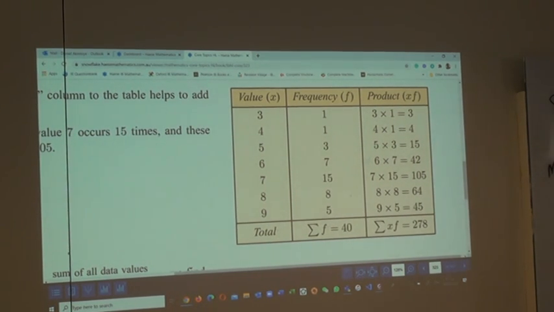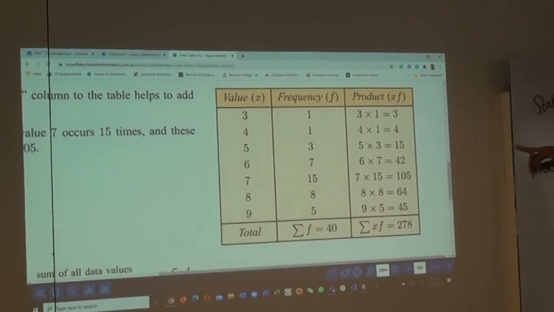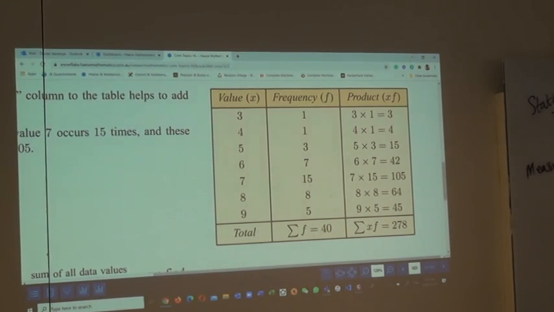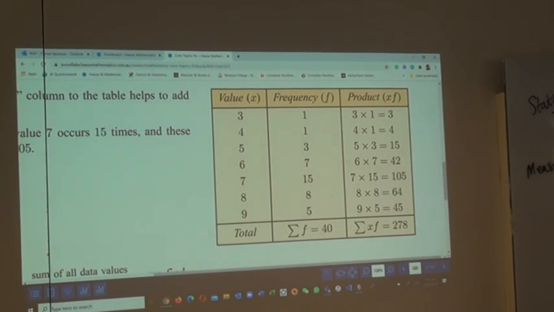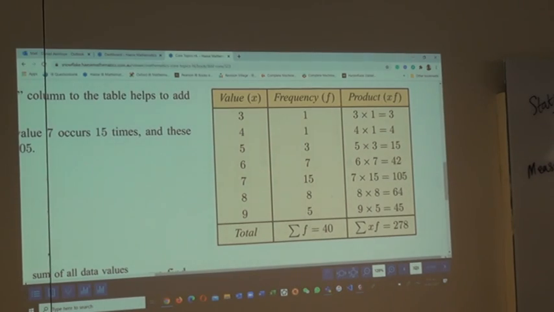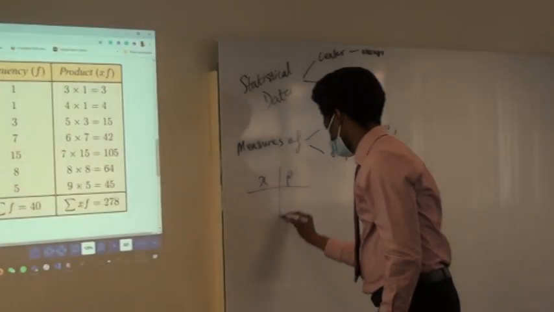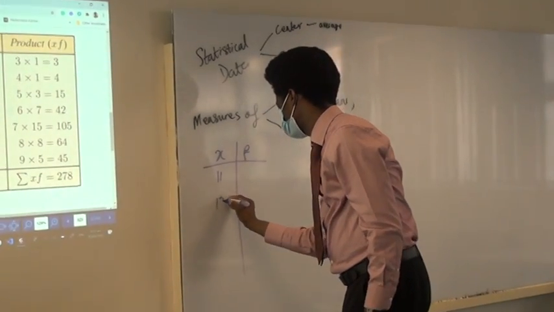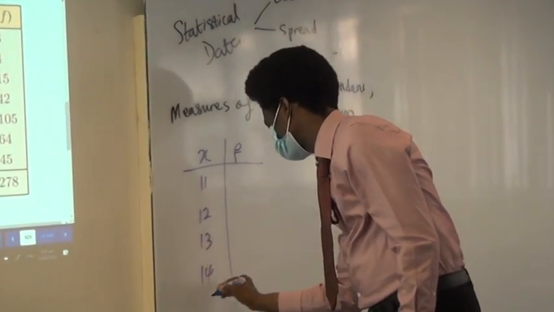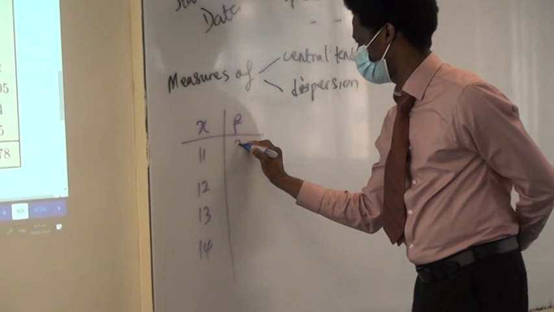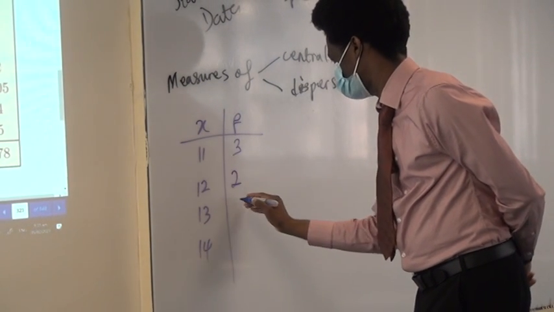For our median, what this data really means is, oh, that's a long stuff, because 15 is so much. Let's have another one. X, F. Let's talk about 11, 12, 13, 14. So let's say 11 appears 3 times, this appears 2 times, this appears once.